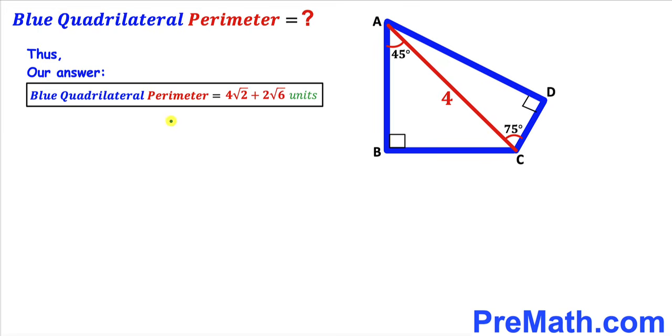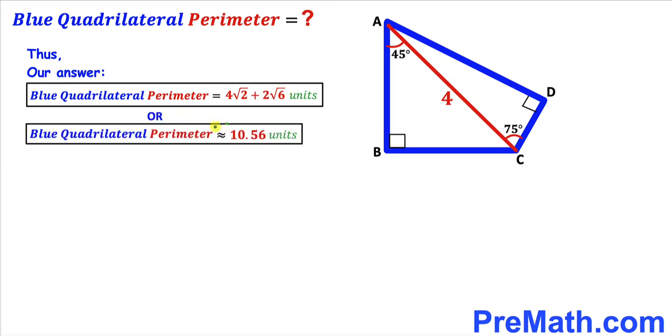So thus after all the calculations and manipulations, the blue quadrilateral perimeter turns out to be 4 times the square root of 2 plus 2 times the square root of 6 units. And that's going to be approximately equal to 10.56 units as well.